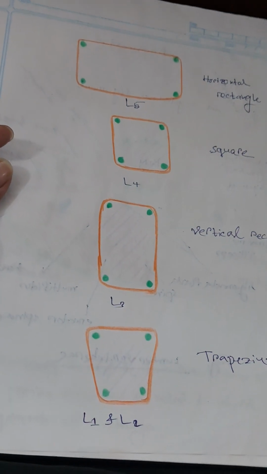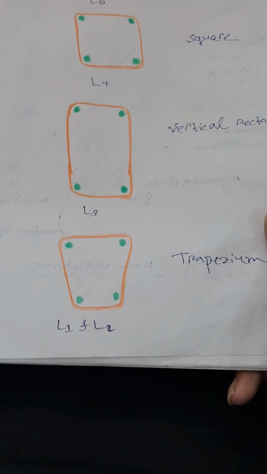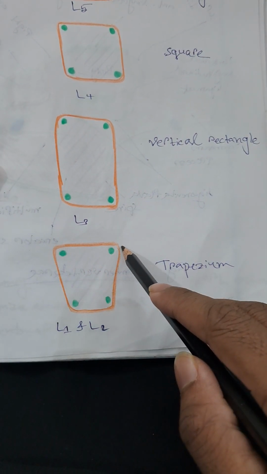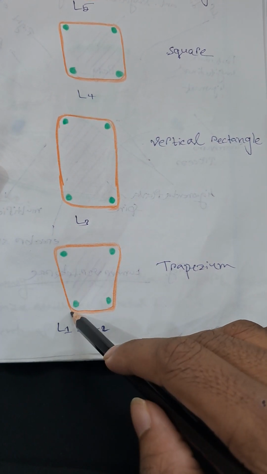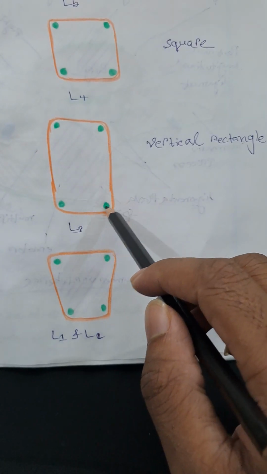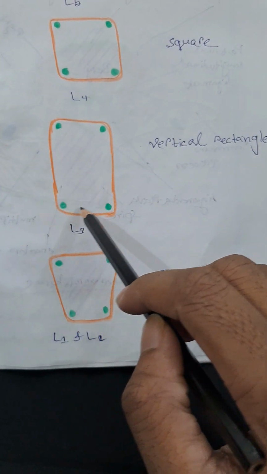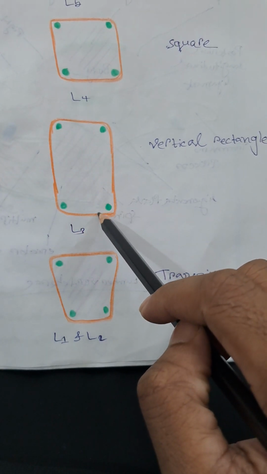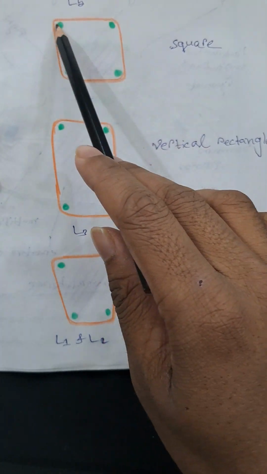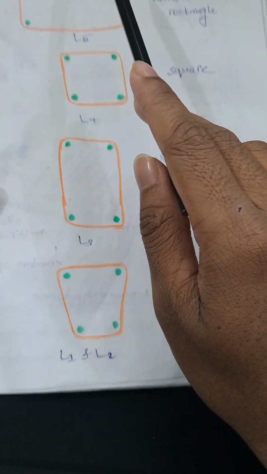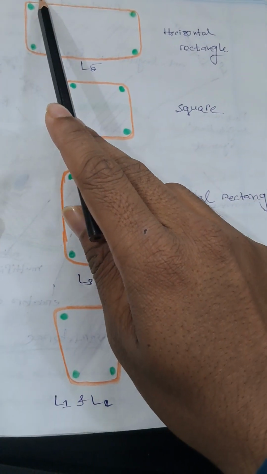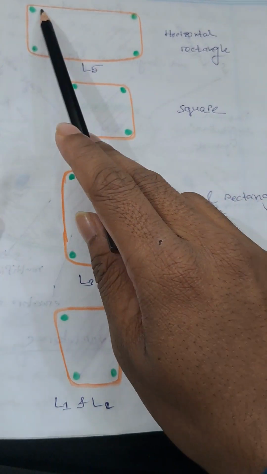In lumbar 1 and lumbar 2 vertebrae, it is a trapezium shape. In lumbar 3 vertebra, it is a vertical rectangle. In lumbar 4 vertebra, it is equal, square shaped. In lumbar 5 vertebra, it is a horizontal rectangle.